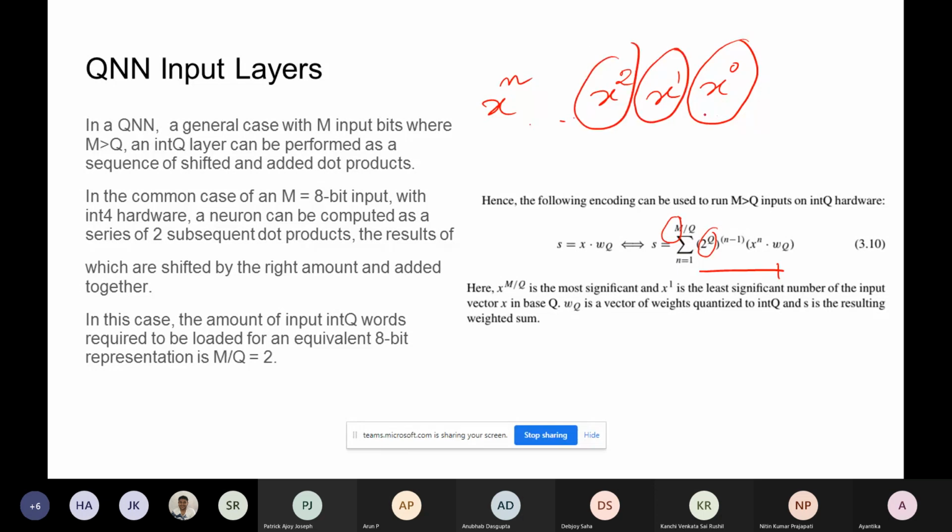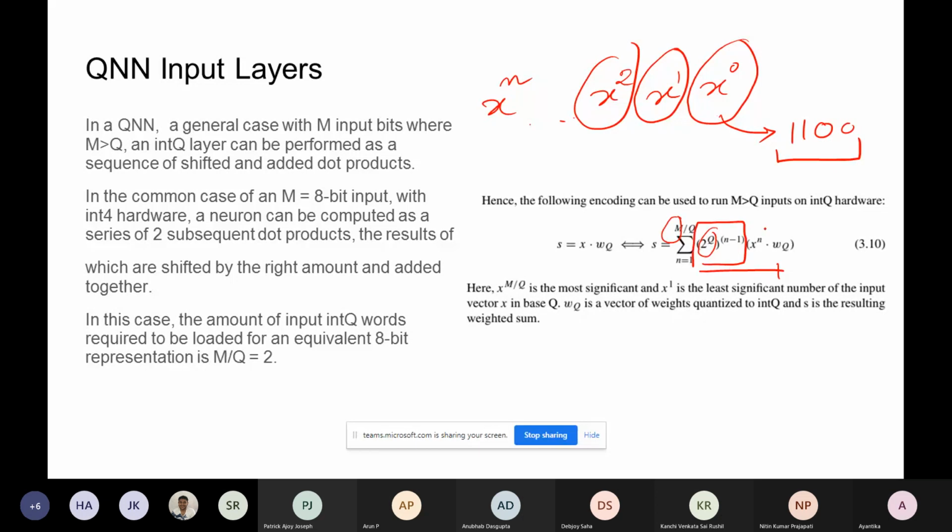But here we are taking maybe some bit-level quantized value of these coefficients. That's why you can see you are considering Xn into WQ, where n is running from 1 to m by q. Along with that, you are choosing the coefficient in this quantized way.